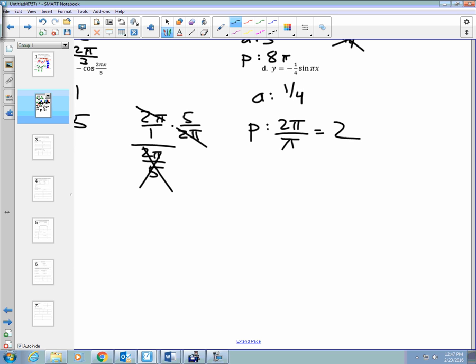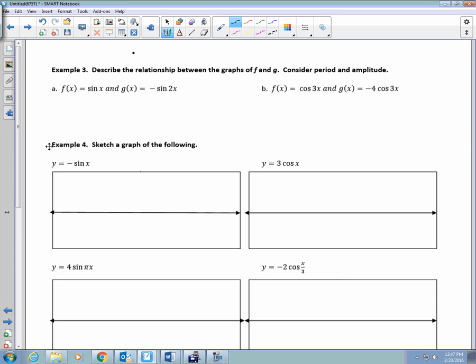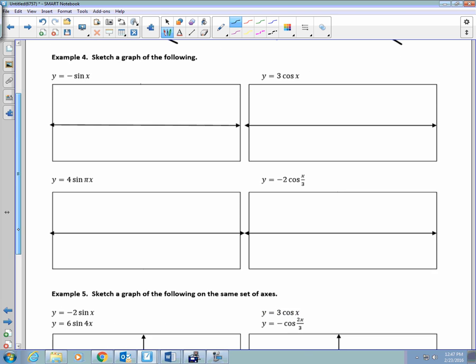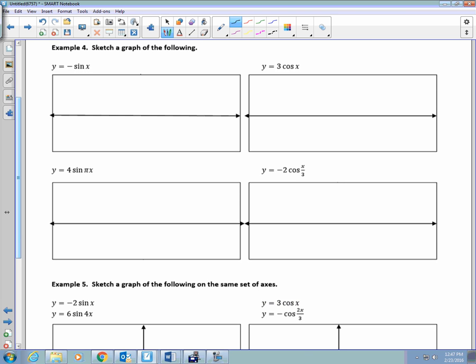Okay, let's try to graph these. We go to 1 or 105. 1. All right. We're going to skip one of these. We'll skip this one. Okay. Negative sine of x. I'm sorry, but for some reason, these don't seem to pop up the way we want them to. Let's draw some in here.